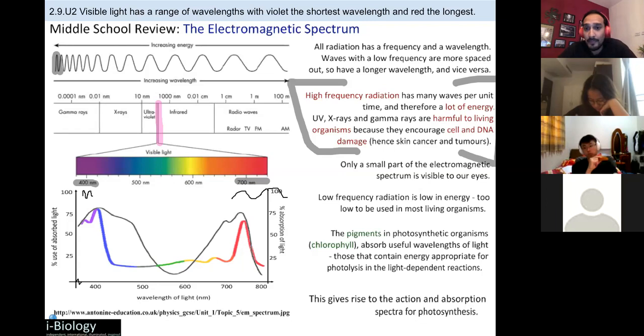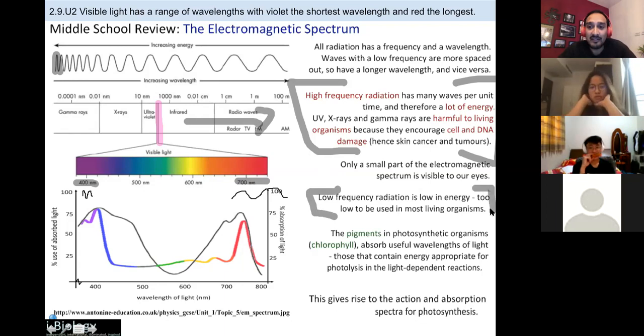And with low frequency, if you go too far this way into radio waves and so on, that just doesn't have enough energy in it. So anything to the left of the visible light is too high frequency, anything to the right is just too weak. What we have left is what's visible to us, the light that we can actually see.